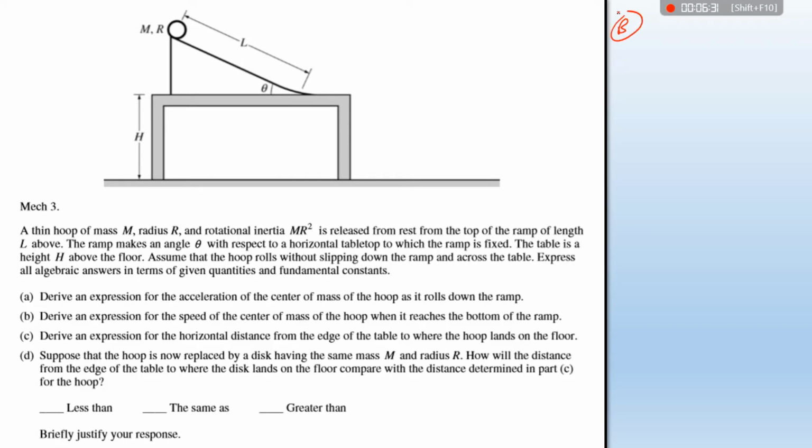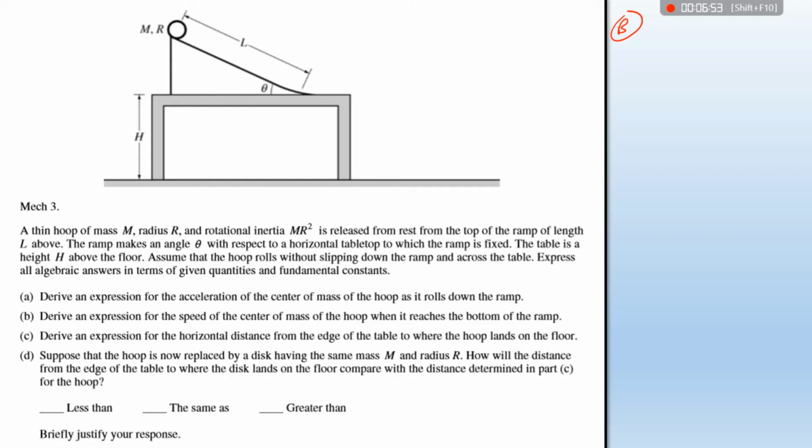I want to derive an expression for the speed of the center of mass of the hoop when it reaches the bottom of the ramp. Let's use energy.